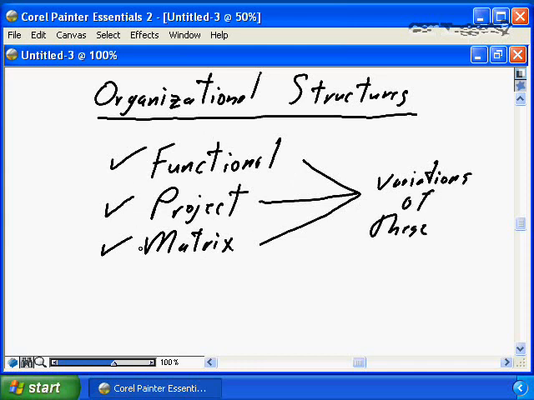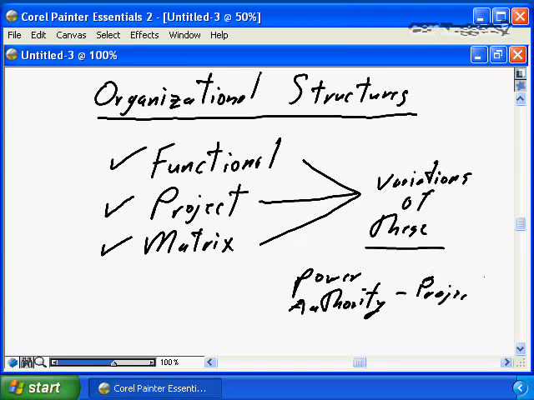So within an organization, within a specific project itself, you're going to see very different functional, project-based, and matrix relationships based on each individual specific project requirement. It's important that you understand which combination of functional, project, or matrix-based environment you're going to be operating within, because it is going to determine your power and your authority within which you can affect project success.